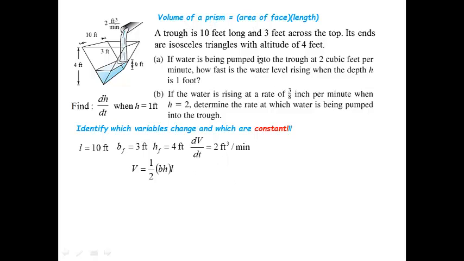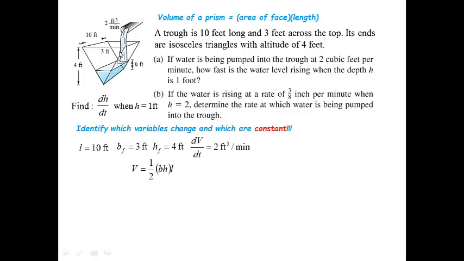All right. So we have this, and now here comes some conceptual things you need to look at. This is a triangular prism of the water that's being filled, and that keeps changing.